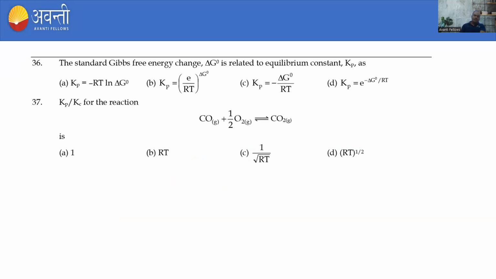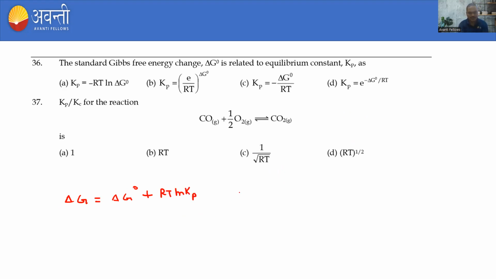Now move to the next question, that is question number 36. The standard Gibbs free energy change delta G is related to the equilibrium constant. How can we write this? It's a very simple thing, we all know: delta G is equal to delta G naught plus RT ln Kp.